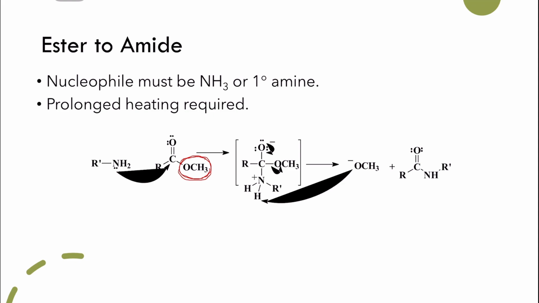The first step again is the attack of the lone pair on the nitrogen, which acts as the nucleophile, on the carbonyl carbon, making the tetrahedral intermediate. Then the alkoxy group is going to leave, the double bond is regenerated, and the proton will be abstracted from the nitrogen.